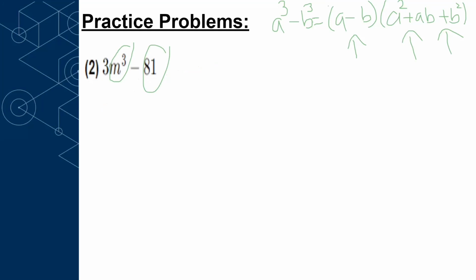So then that's a problem. Well, something that I can do to this expression to make it look more like a difference of a perfect cube is by factoring this problem.